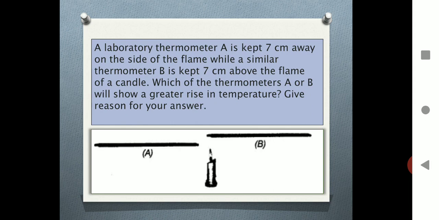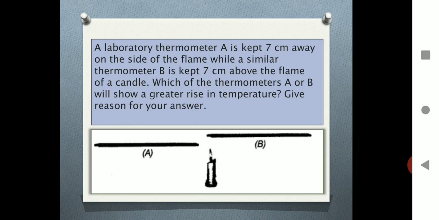The thermometer B, which is kept above the flame, will show a greater rise in temperature as compared to thermometer A. Now why is it so? We all know that the air which comes in contact with a flame will become warmer, and that air being warm will be lighter and will start rising upwards.